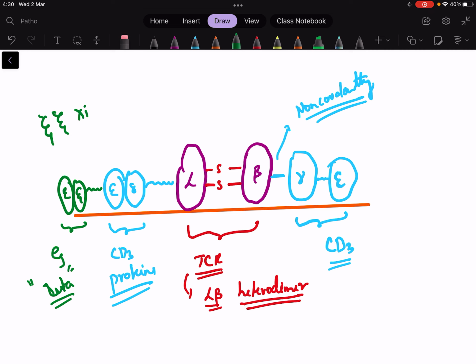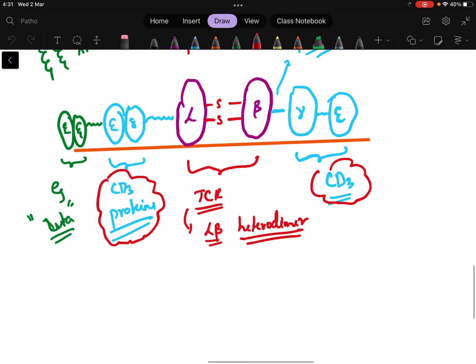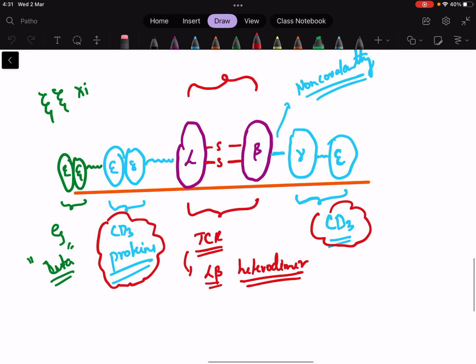Let me draw this one clearly. So basically this is the T cell receptor, and it is consisting of CD3 proteins, which consist of mainly the delta and epsilon chain, and the gamma and epsilon chain, whereas it also consists of the zeta protein, which consists of two Z polypeptide chains.